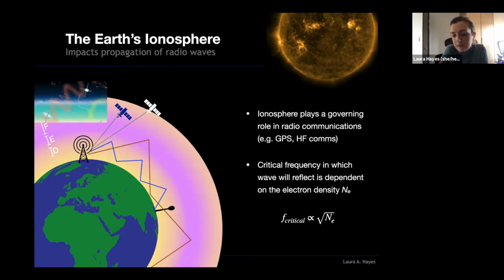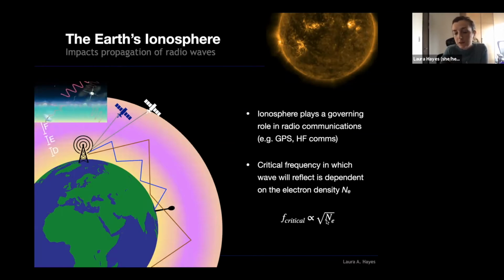This goes back to the ionosphere cutoff at around 10 megahertz that we talked about a lot, where you can't see radio observations below that, and that's because of the ionosphere. Essentially, those radio waves are reflected back outwards. Looking at the critical frequency at which a radio wave will reflect, we've seen this equation a lot this week.